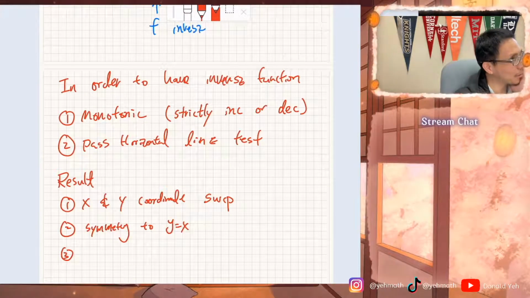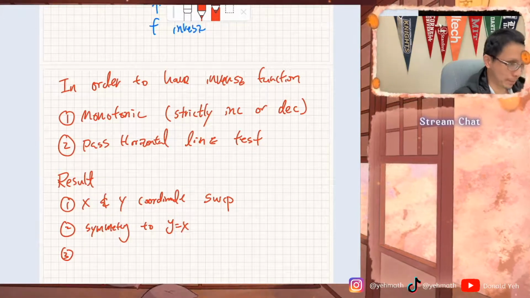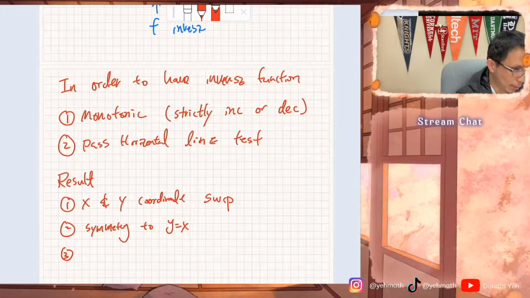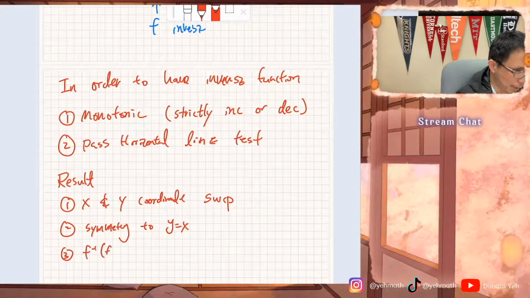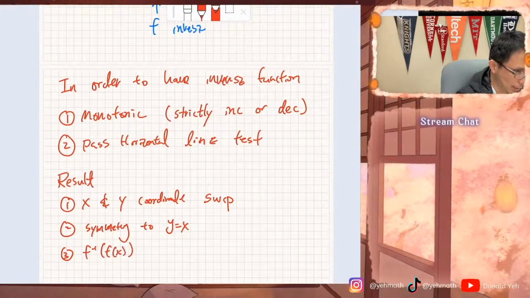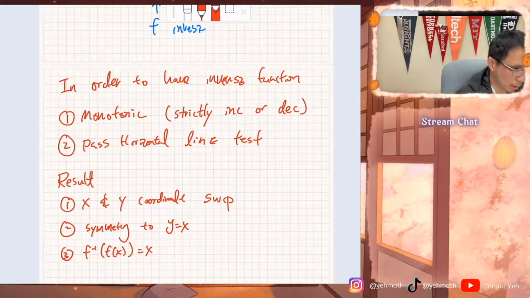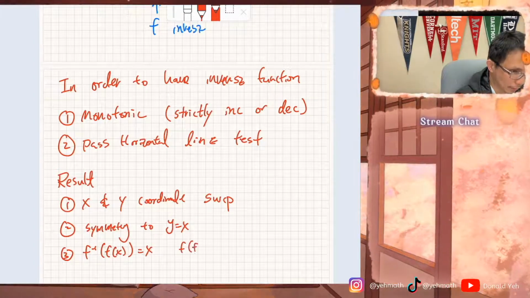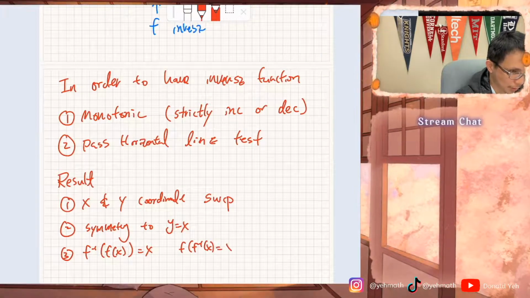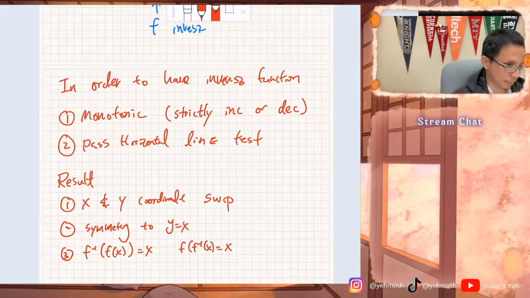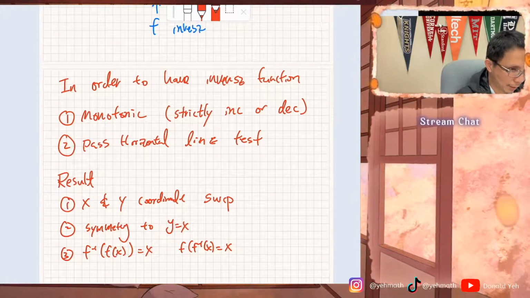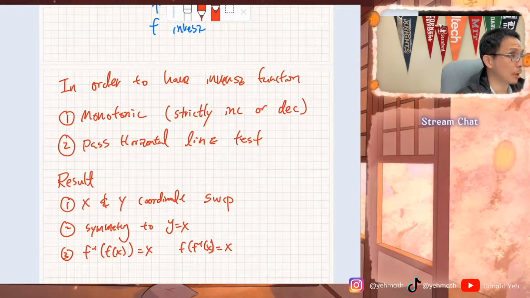Now, the third thing, I don't usually mention this, but f inverse of f of x is always equal to x, or f of f inverse of x is equal to x if they are inverses of each other. So if you compose them, the result is x.